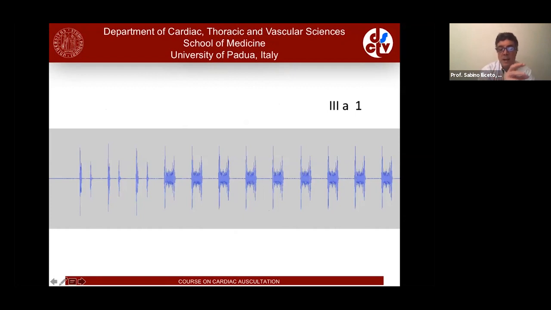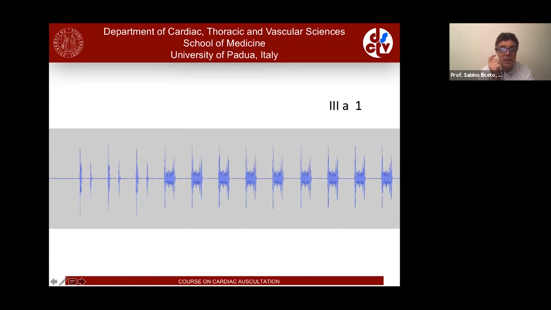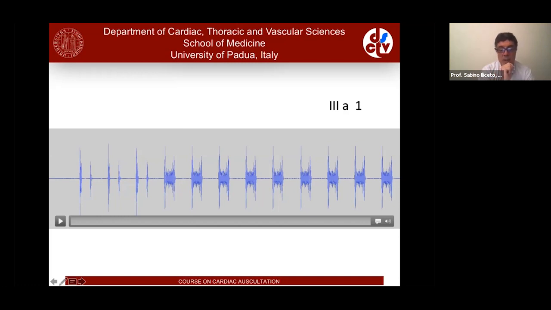Of course, this does not happen in a patient, but this is an electronic filtering of the murmur in order to facilitate the appreciation of the murmur when the murmur appears.